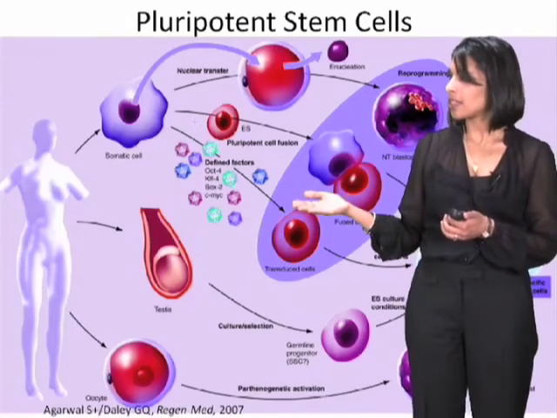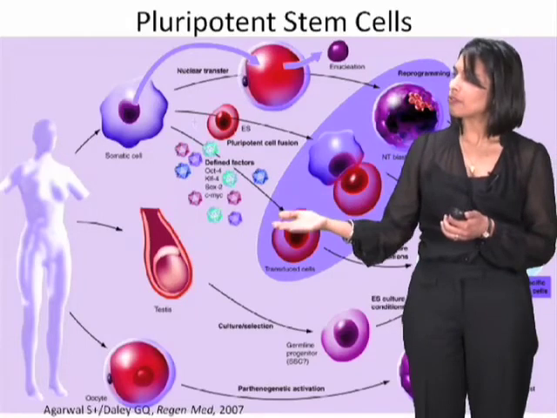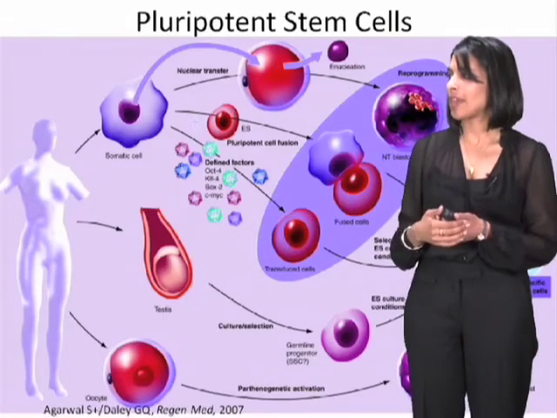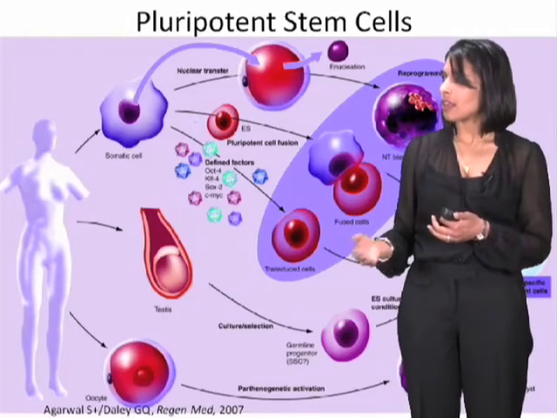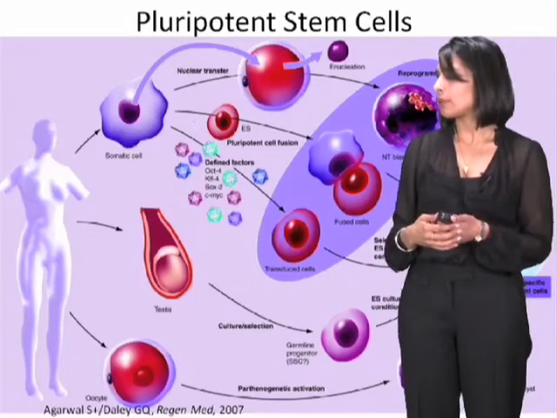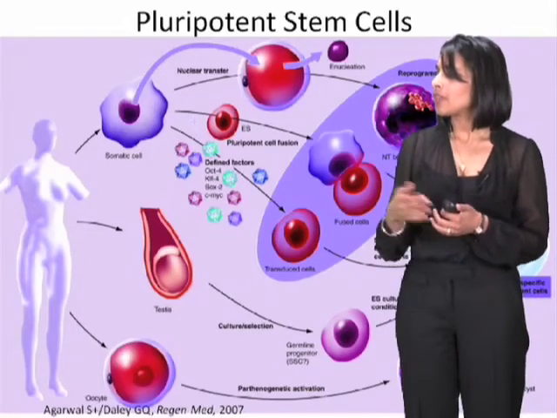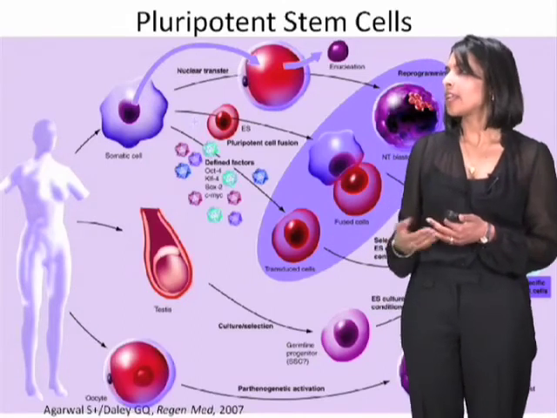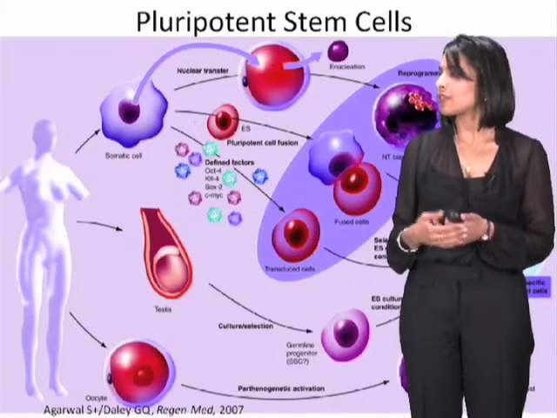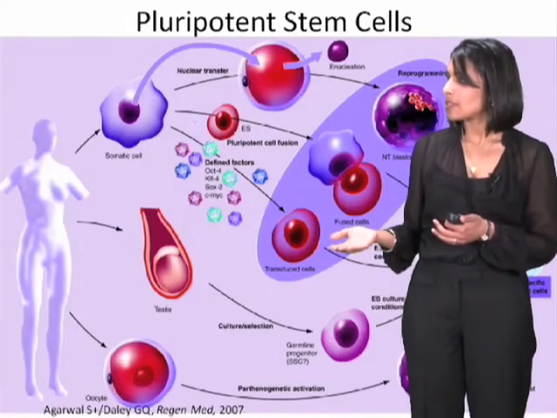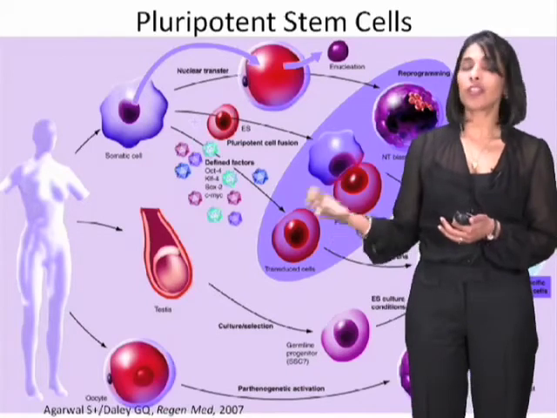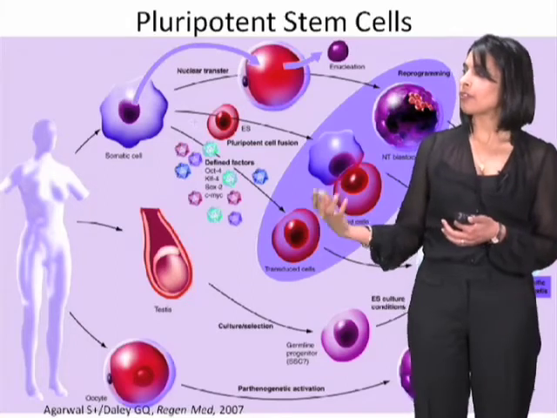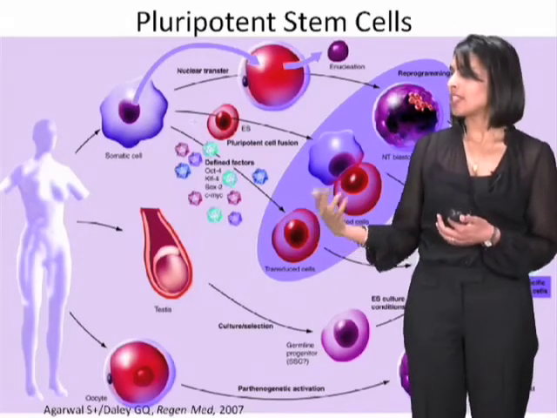And what they did in their classic experiments was show that a certain number of molecules known as transcription factors could be expressed in a somatic cell, and that transduced cell would be reprogrammed into a pluripotent stem cell. So this now offers the potential to create differentiated cells that are genetically matched to patients. It offers the further possibility to make pluripotent stem cells from patients to fix a genetic defect in the laboratory, and then to create a tissue out of those genetically altered cells to give back to the patient.